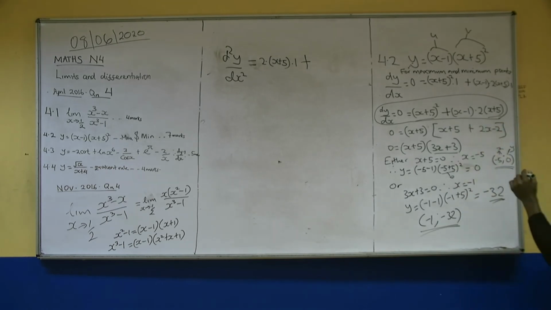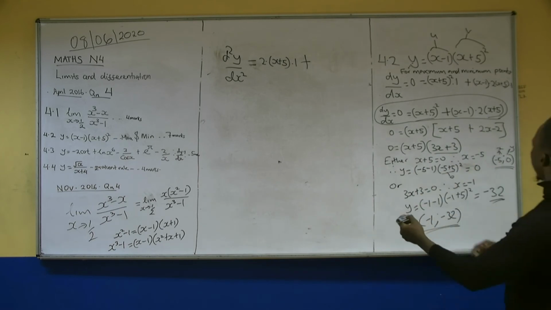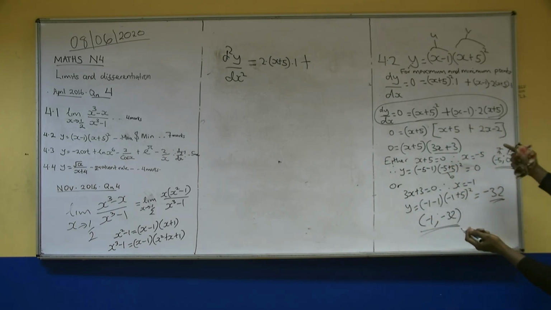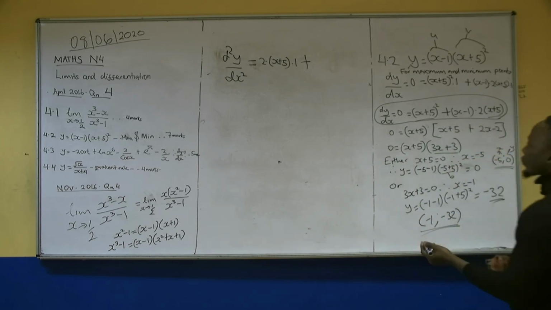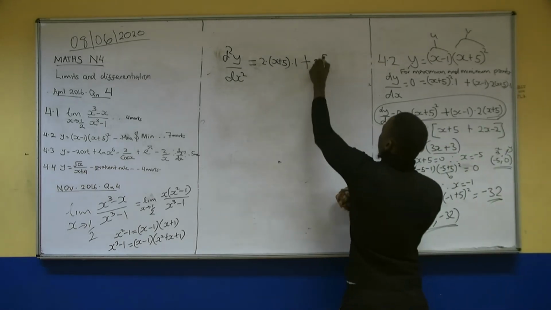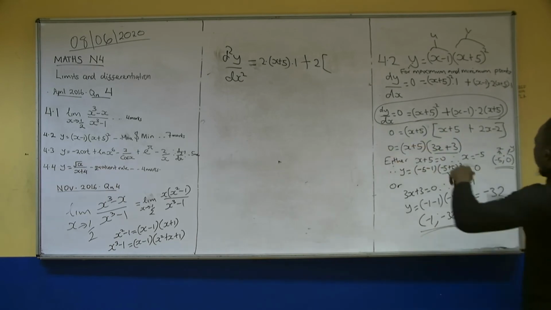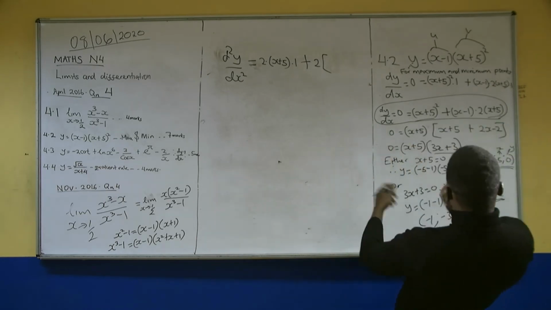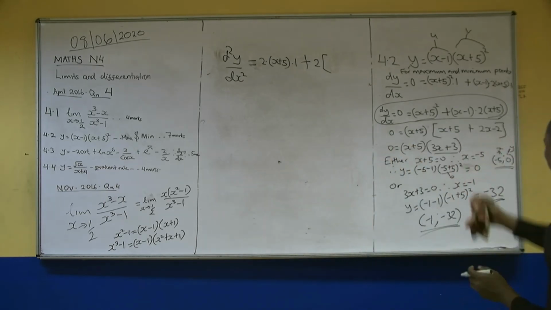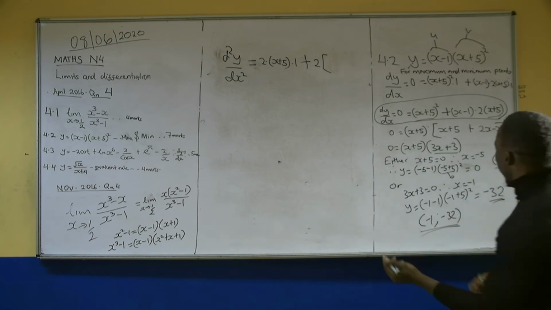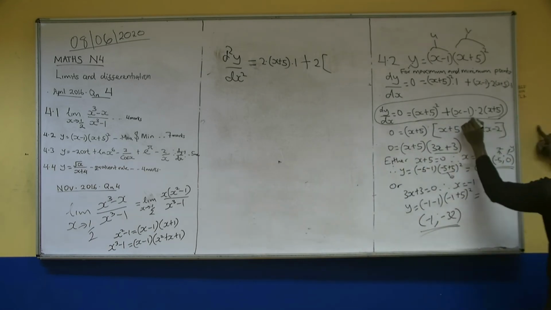Plus, we are going to differentiate the second part. I can decide to open the brackets, or we can use the product rule. It is a constant, so I remove it to go outside, and I can use the product rule or just multiply them.